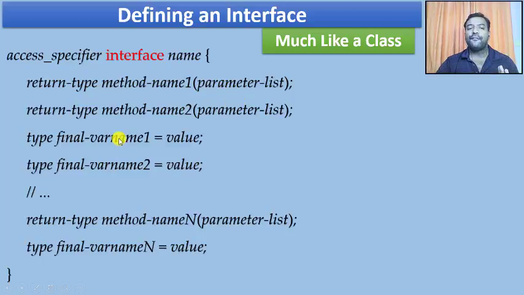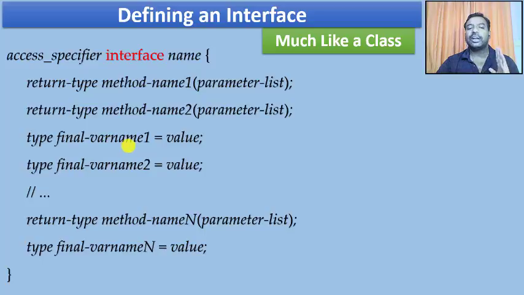And if it is a data member in a class, you are not going to initialize the data member. You can initialize only if it is a static data member. But now, whatever data member you declare in the interface will be a final data member.